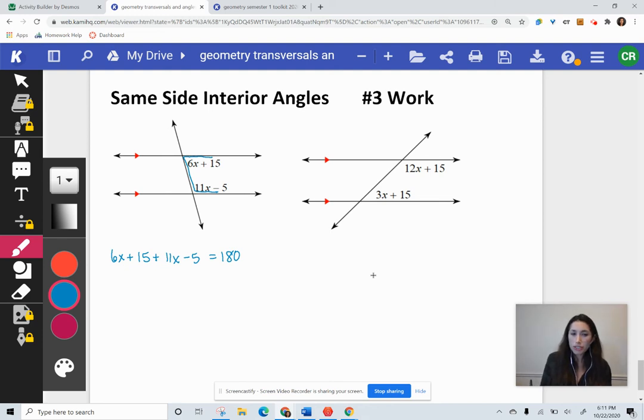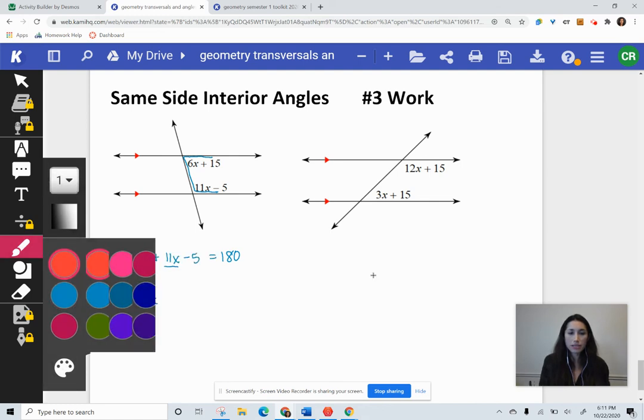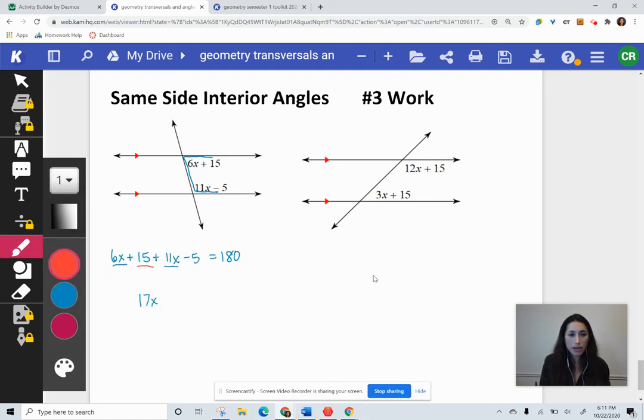Now, when we're solving an equation like this, I have multiple x's on the left and other constant terms. I need to combine my like terms, my x terms. So really, I have 6 of x and I have 11 of x. So 6 and 11 altogether is 17. And then we've got a 15 and a negative 5 that needs to be combined. So 15 minus 5 is 10.